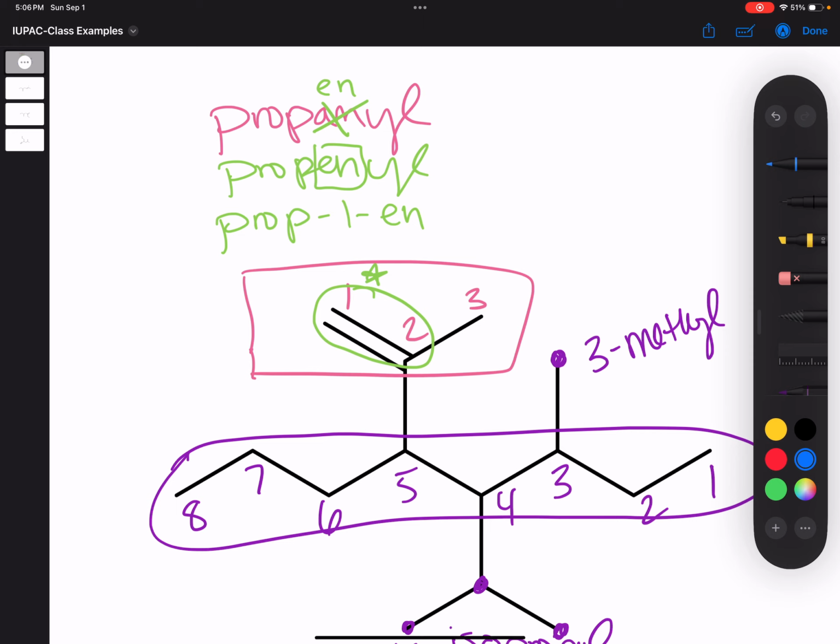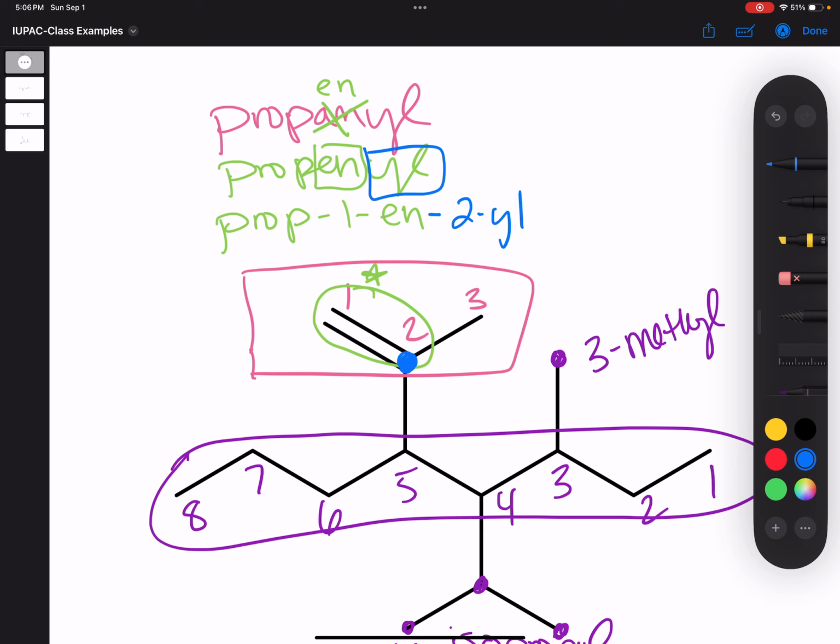Another piece of information I need to add is where the real parent chain is bonded to my mini compound, and that's bonded right here at carbon 2. And so I'm going to add that right before the part of the name that tells me that this is a substituent, and that's going to be the yl. So here is my 2-yl, and I've now accounted for everything in my mini compound.